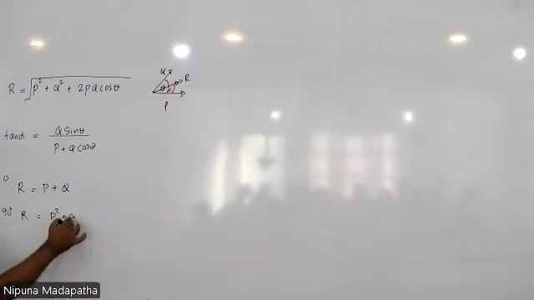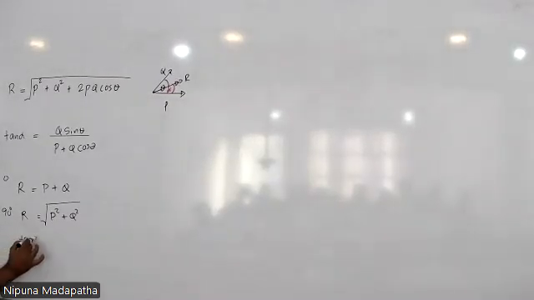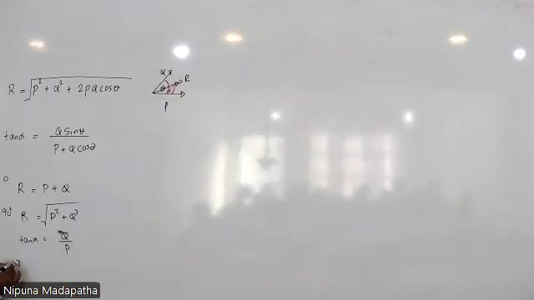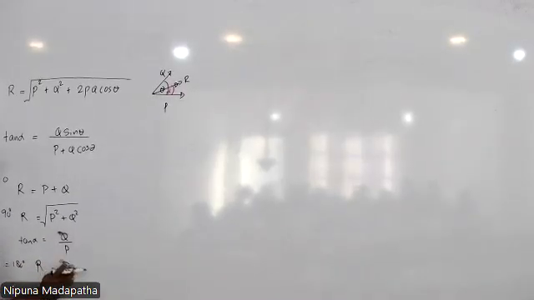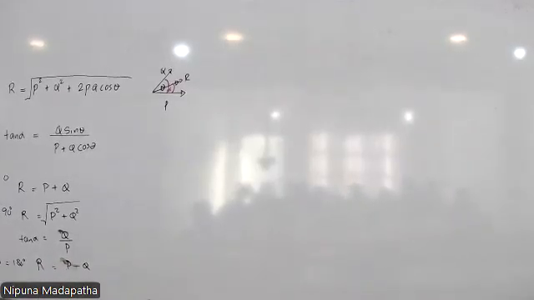R is given by the square root of P squared plus Q squared, and the tangent value of alpha is given by Q over P. When theta equals 180, R is the difference of the two vectors. Right? These are the special cases.